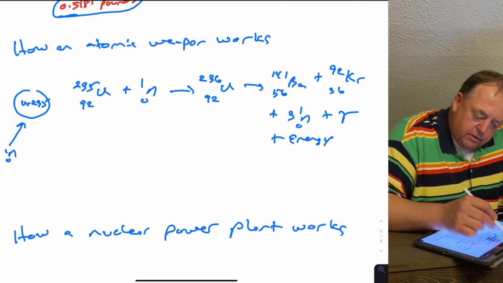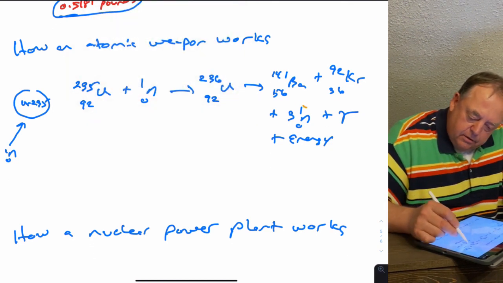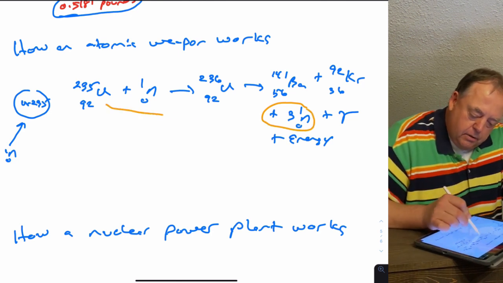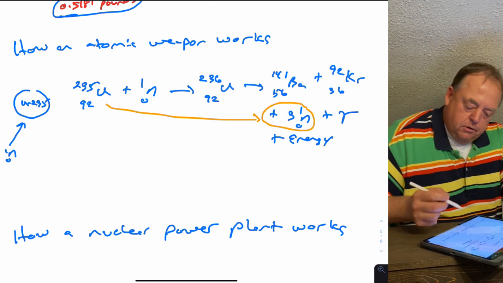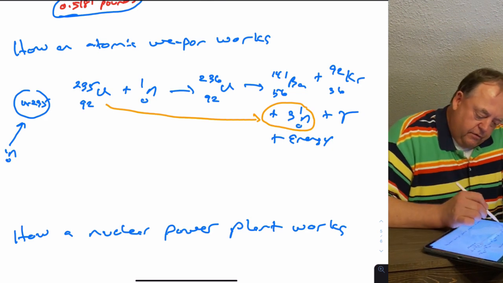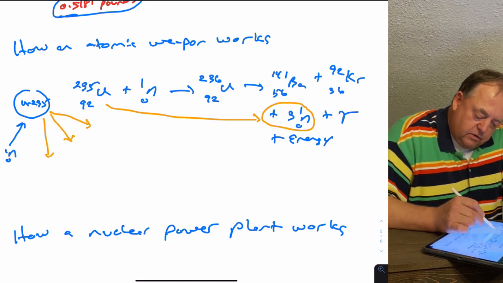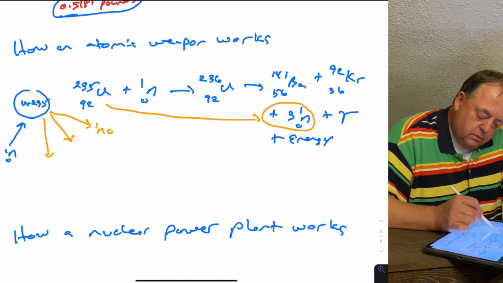So what's significant to note is that every one of these that decays, 1 uranium gives off 3 neutrons. So if you bombard a uranium with a neutron, then it gives off 3 other neutrons.